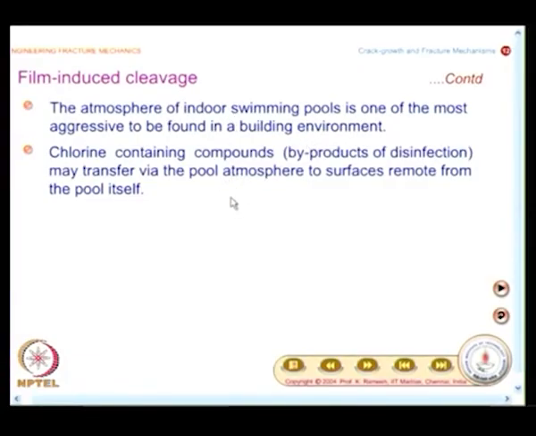So, what you will have to look at is that the chlorine containing compounds which are used for disinfection may transfer via the pool atmosphere to surfaces remote from the pool itself. So, that is what happens when you have a roof supported by stainless steel rods. They were exposed to chlorine containing compounds.